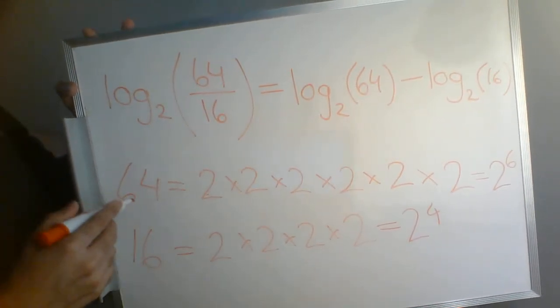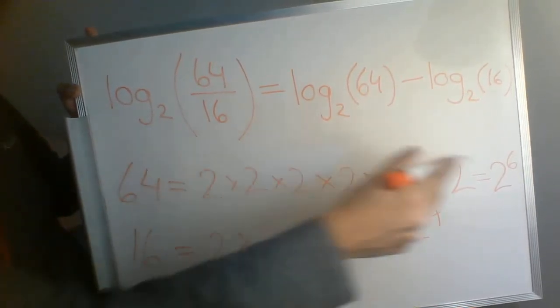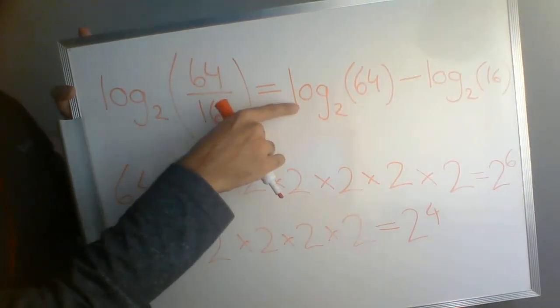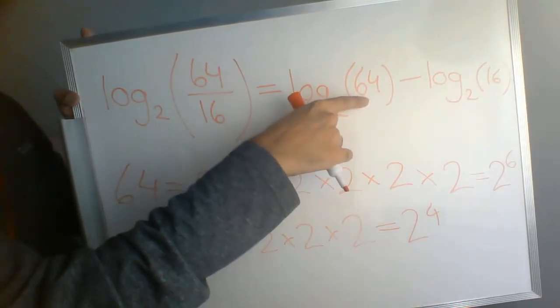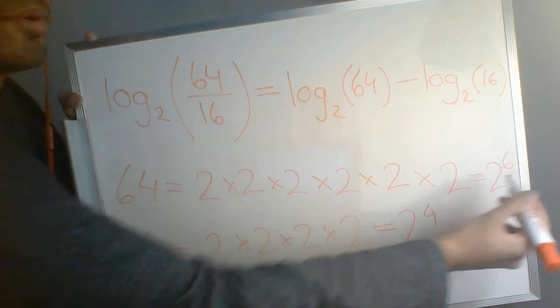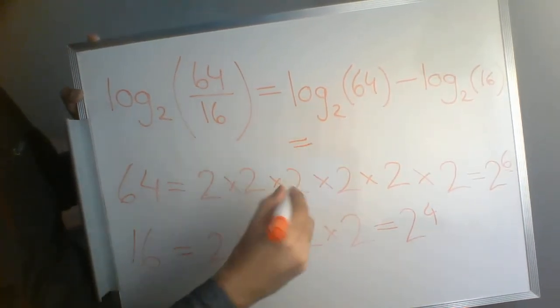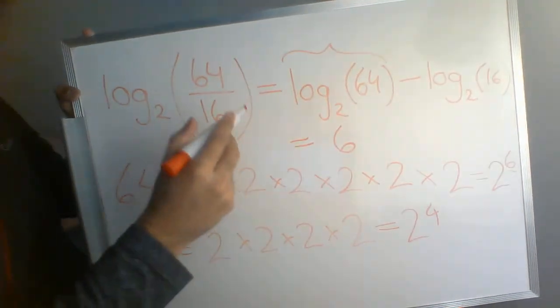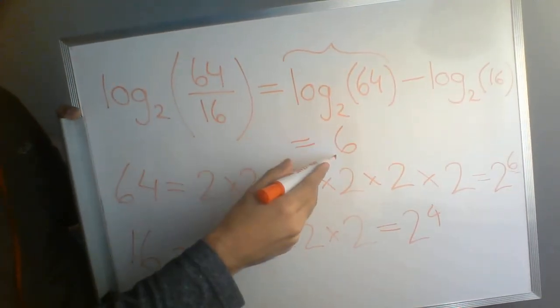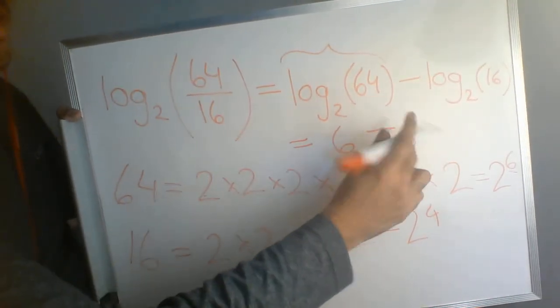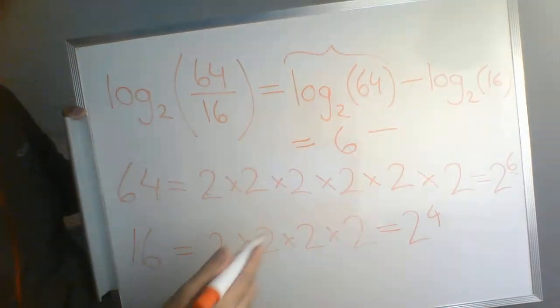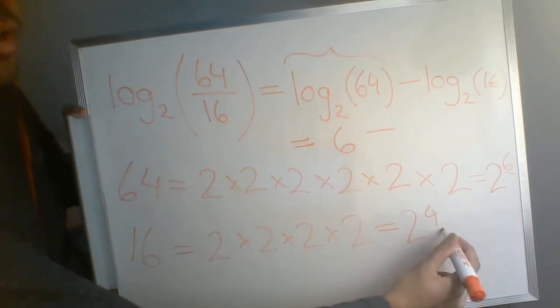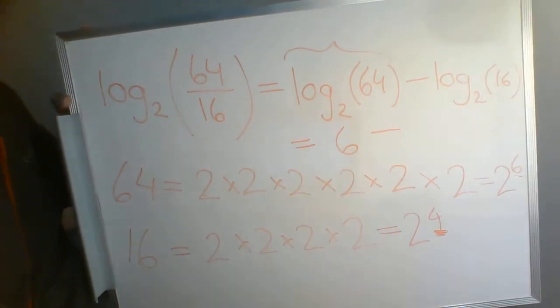So since we've figured out now that 64 is 2 to the exponent 6, that means log base 2 of 64 is going to be that exponent there, which is 6. So we get a 6 for this first side. This whole left-hand side right here, this log of 64, is equal to 6 minus, and then log base 2 of 16, which we've figured out is going to be 4 because of that exponent over there.